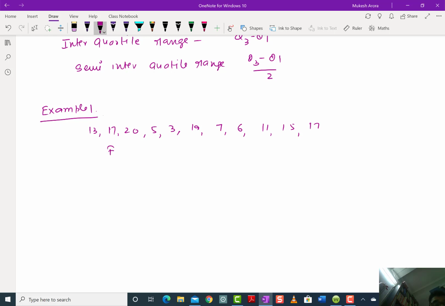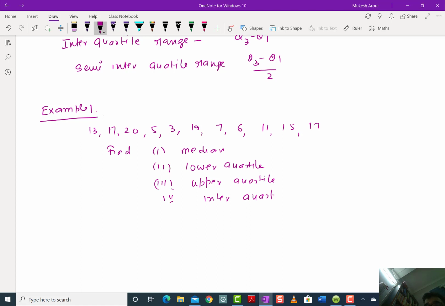The question is to find number 1, median, number 2, lower quartile, number 3, upper quartile, and number 4, interquartile range.